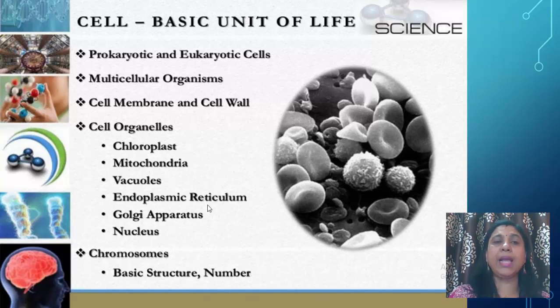In this lecture, I am going to deal with the history of the discovery of cells, the main components which are present in the cell wall, and the transport of substances across the cell membrane.